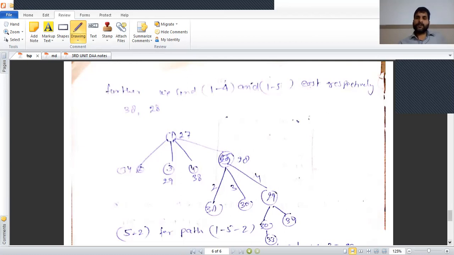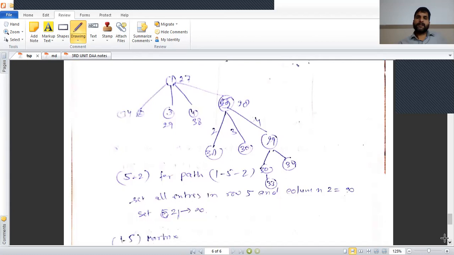Now next we choose the smallest cost. Now we travel from node 4 to options 2 and 3. We calculate 4 to 2 equal to 30 and 4 to 3 equal to 34. So we take the smallest value, 30.